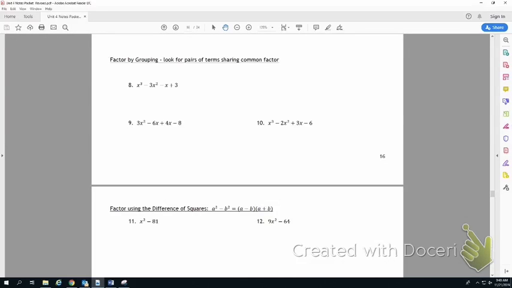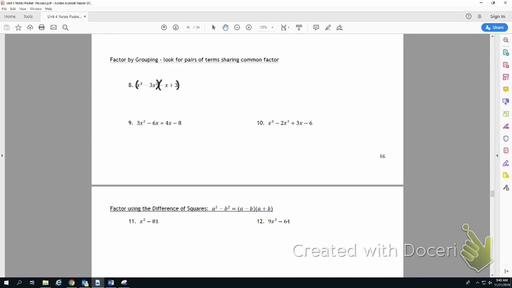And a lot of times the degree of the polynomial is probably going to be 3. Now, you can do it with other degrees of polynomials, like number 9 is 2, and we'll talk about that one. But to do factor by grouping, the first thing you're going to do is group the first 2 terms together, and group the second 2 terms together, hence the name factor by grouping.